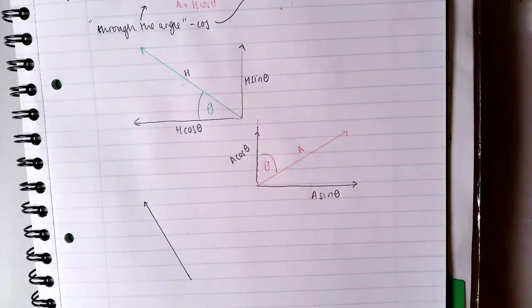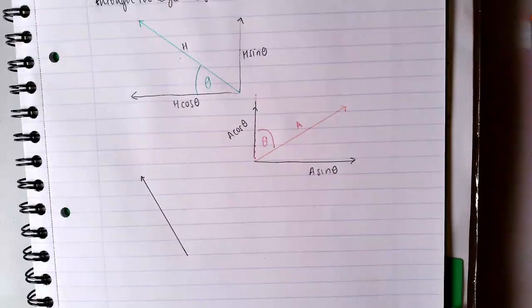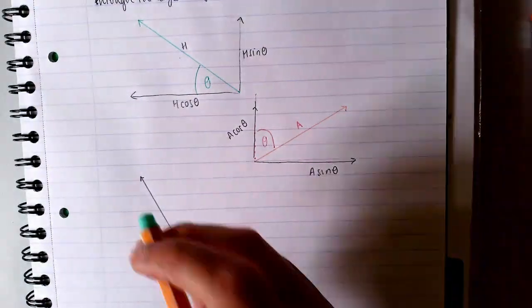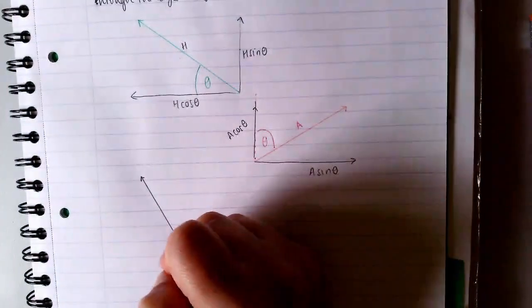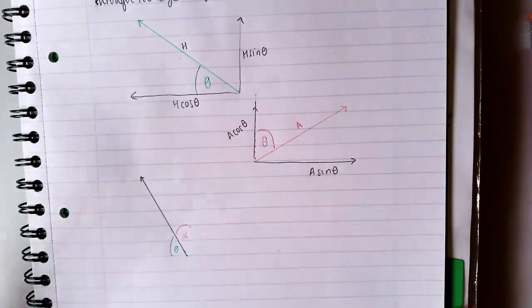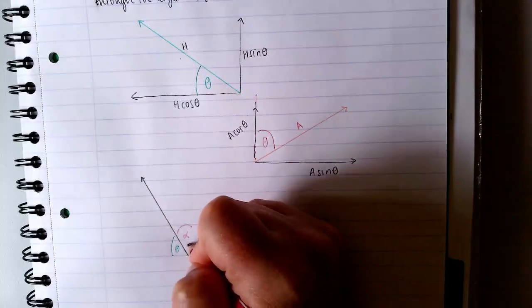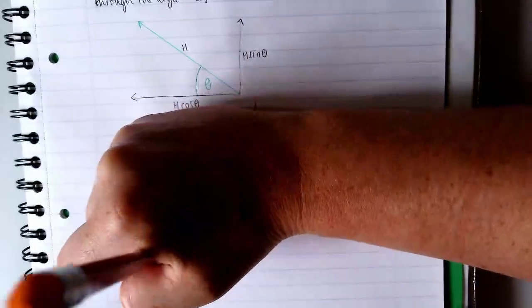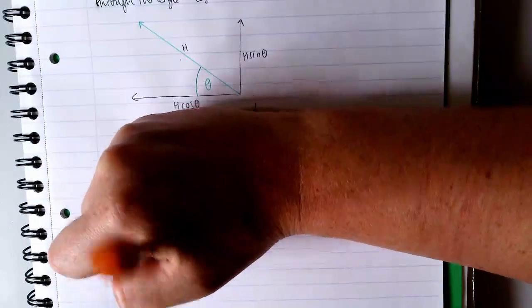Okay. On this last one, I'm going to illustrate both angles. So let's say we call this alpha and we call this one theta. And we're going to resolve this. So we've got the vertical component and we've got the horizontal component. It's not a very straight line, but you get the idea.